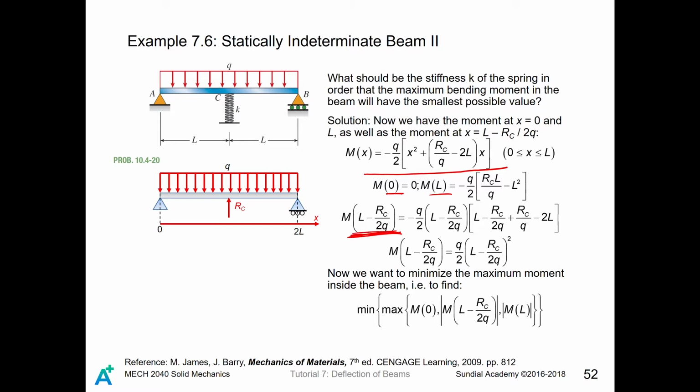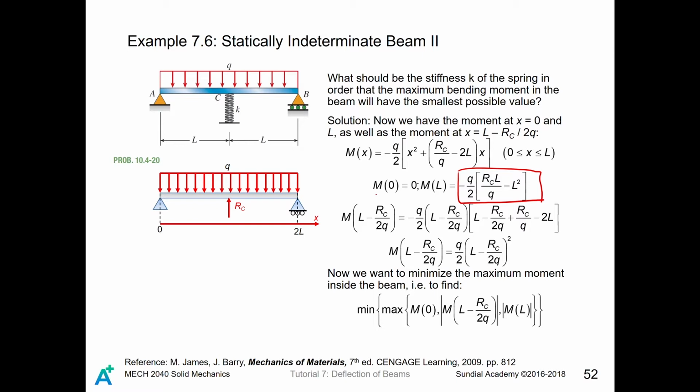So basically we have a couple of things we are going to care about, which is M(0) equals 0, so at the fixed end there is no moment, and the moment at the mid-span M(L), which should be the largest by our common sense when observing this beam. So the moment at the mid-span is something like minus Q over 2 times (RC L divided by Q minus L) squared.